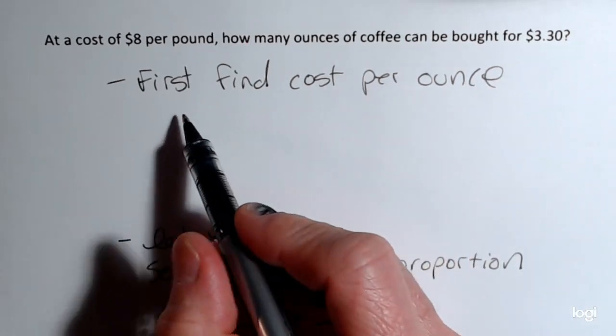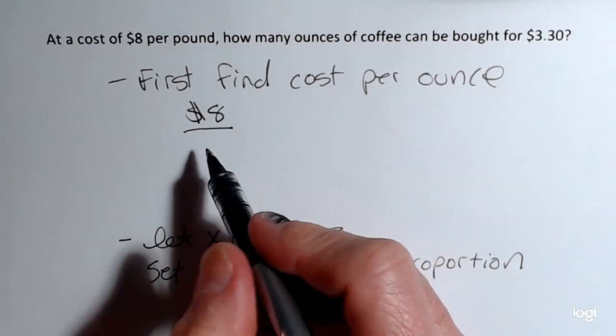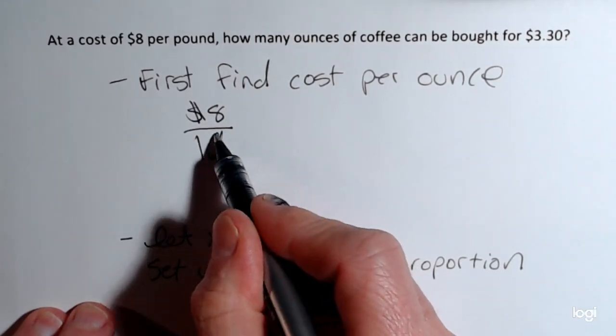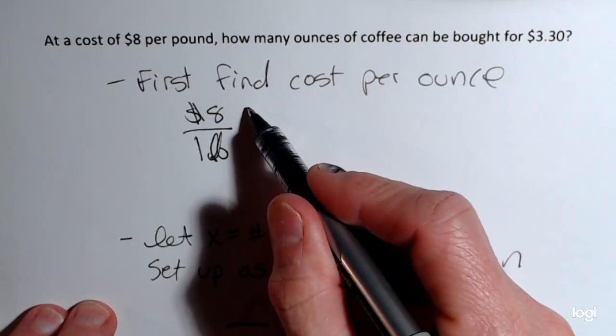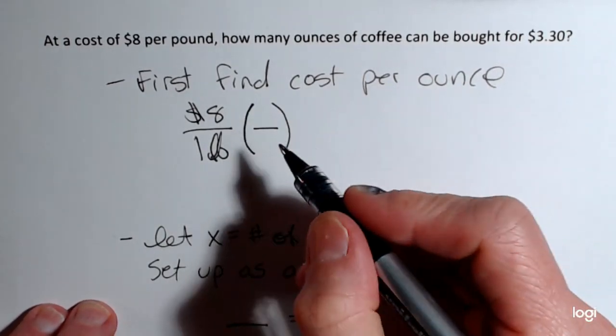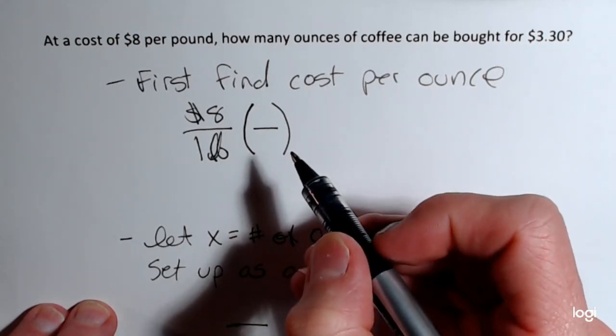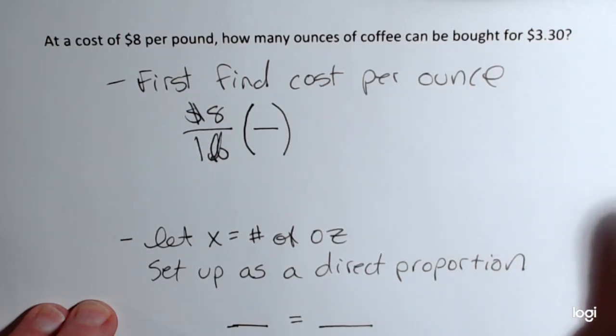All right, so if I have $8 per 1 pound, and to convert that to ounces, I'm going to multiply it by how many ounces are in a pound. The relationship between pounds and ounces is that there's 16 ounces per pound.